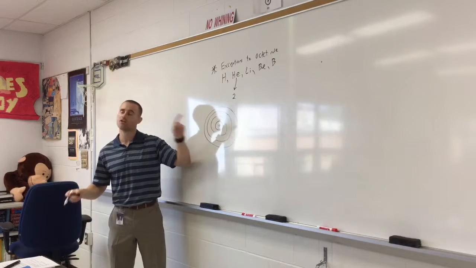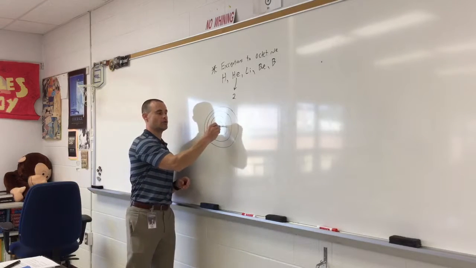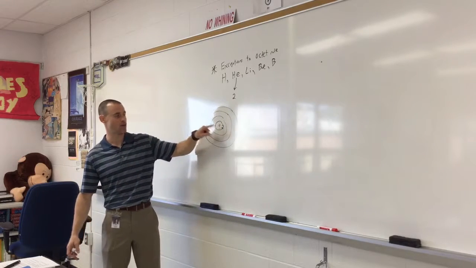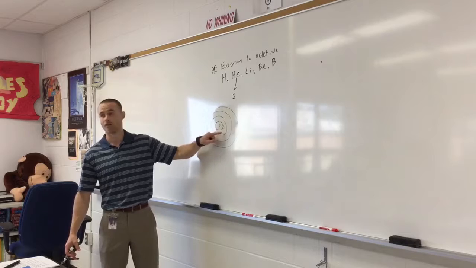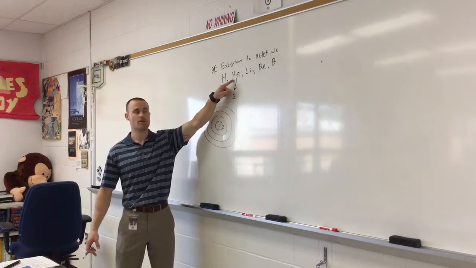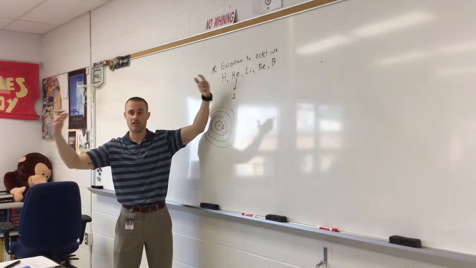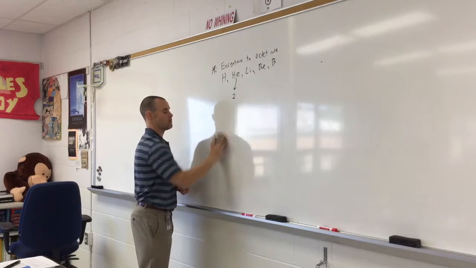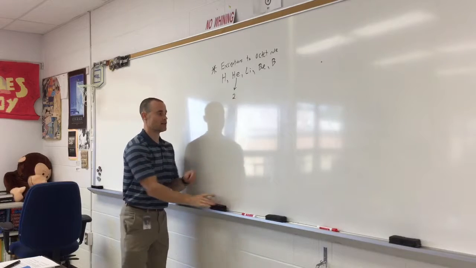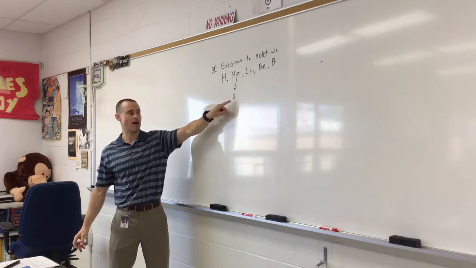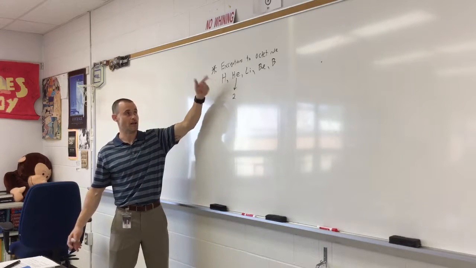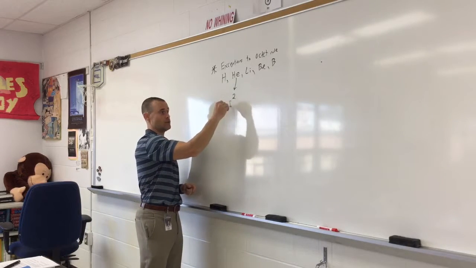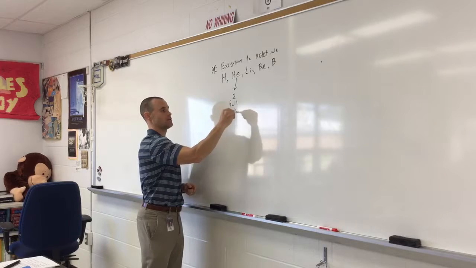The very first energy level can hold 2 electrons, and 2 is the max. You can't have any more electrons on the first energy level. Helium is in group 18, so it's inert, it doesn't react. The reason it doesn't react is because helium has a full valence shell. It has 2 on the first level. So in terms of stability, this is stable. That 2 is a full valence shell.